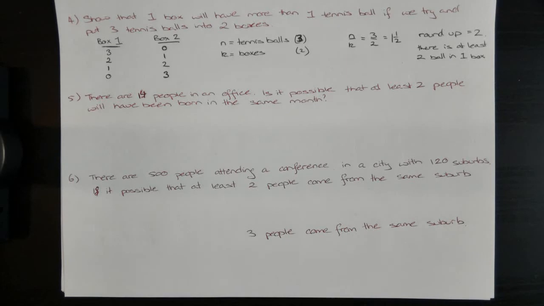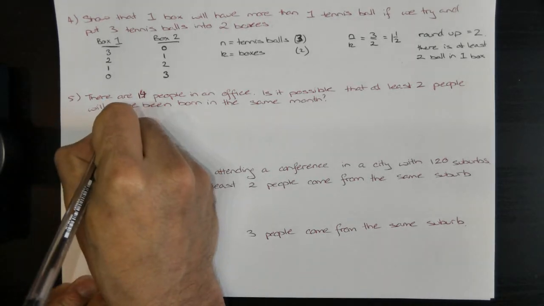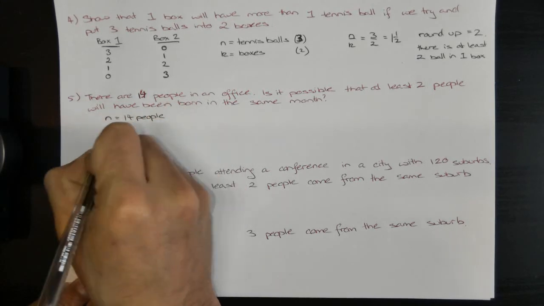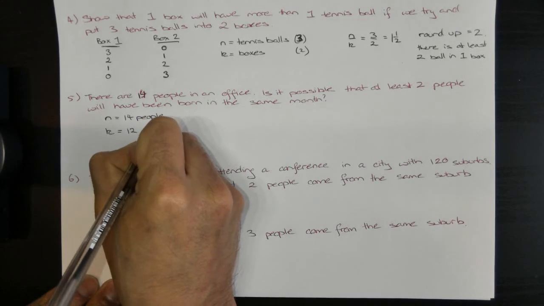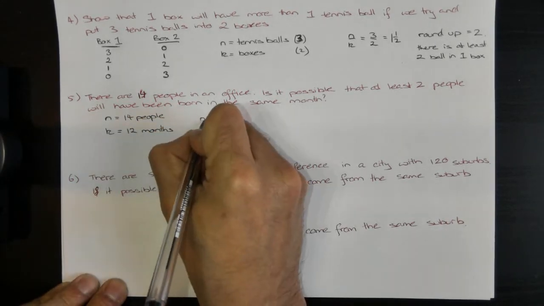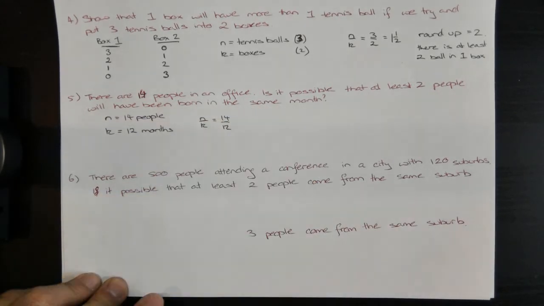Okay, question 5. There are 14 people in an office. Is it possible to have at least 2 people that will have been born in the same month? So in this case, the pigeons, or N, is 14 people. The K, or the pigeonholes, is 12 because there's 12 months. N divided by K is 14 over 12.